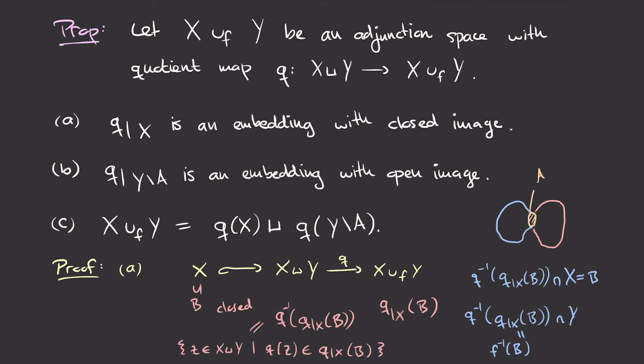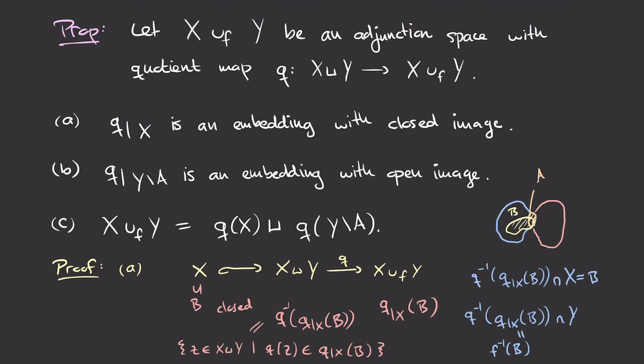So perhaps at this point it's good to draw our set B into this picture here. So B could be a set that contains both points that are in X and also points that lie in this image of A under the function f. As I said before, if we have some point z which lies in this set capital B, then this will be mapped to the image of B under this restricted quotient map, and hence that point will lie in this set here. On the other hand, we could also have points in Y lying in this set.